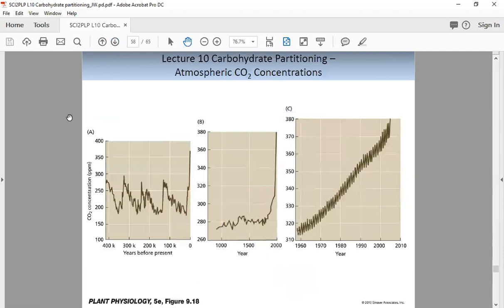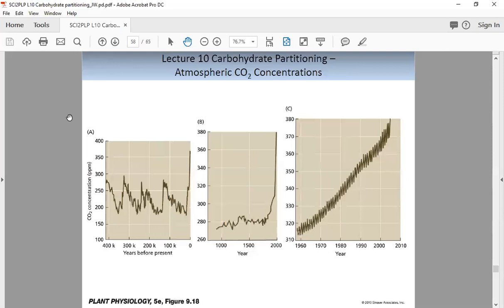Okay, so these responses that we've seen to concentrations of carbon dioxide indicate that C3 plants may actually benefit more from ongoing increases in today's atmospheric CO2 concentrations, as shown here.